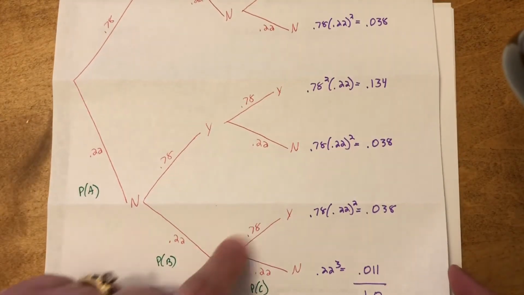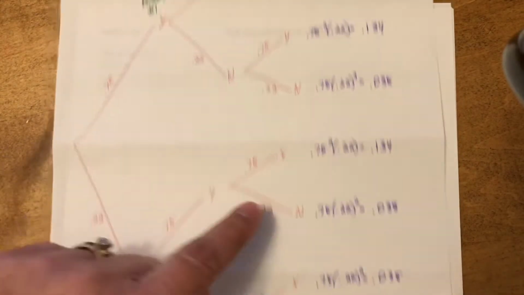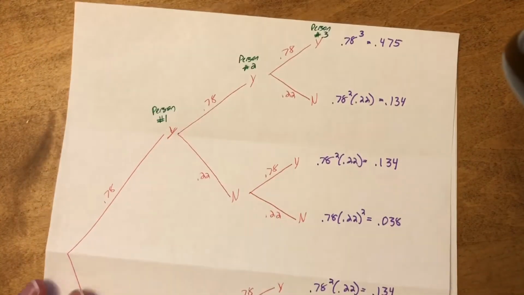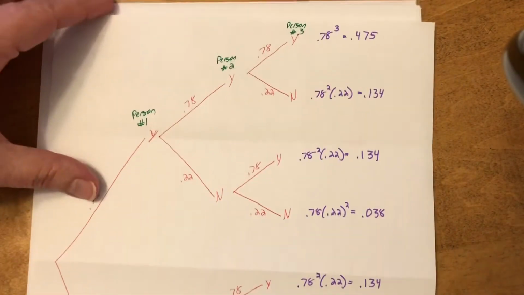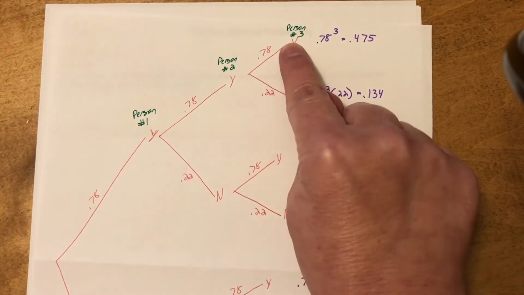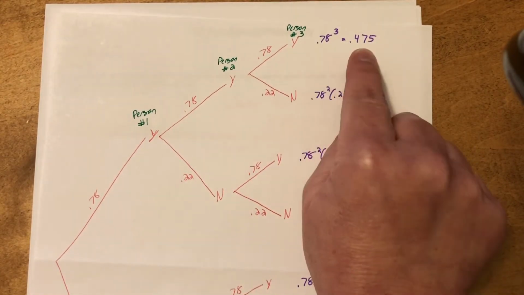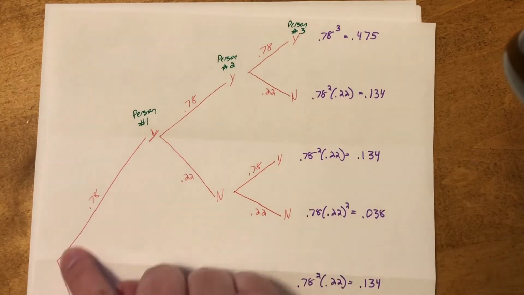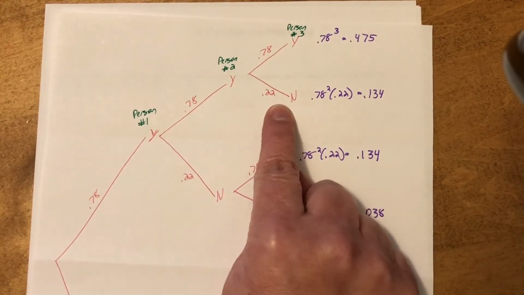The third person is going to be off of every possible combination of the first 2 people. So this is the tree that represents 3 people and whether they like chicken or not. You'll see this branch is all yeses. All 3 people like chicken. There's about a 47% chance that all 3 are going to like chicken. What about the first 2 liking chicken and the 3rd person not liking chicken?